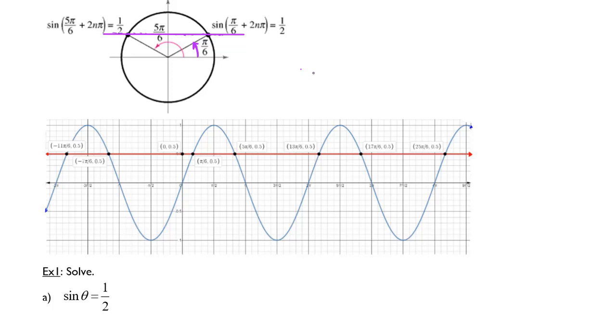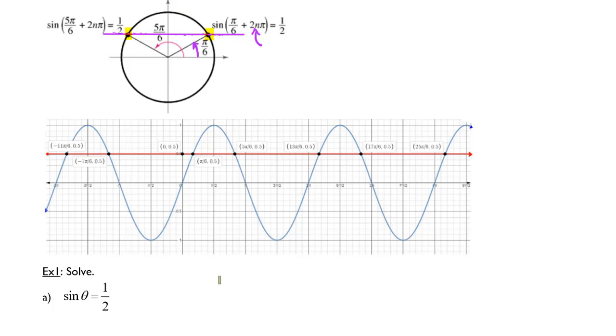Now, remember that we can go around and around this unit circle as many times as we want. That's what this n stands for. We can keep going around the circle n times, which means however many. And because of that, we'll hit 1/2 as we go around the unit circle in two different places.